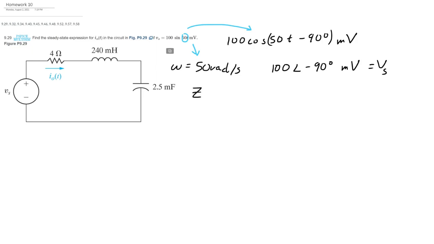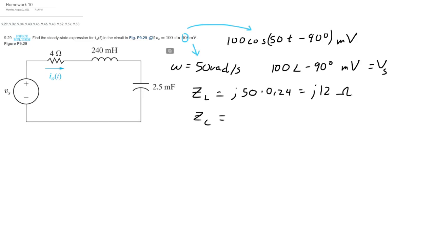We're going to find the equivalent impedance by finding the impedance of each element at the given frequency and adding them all up. So 50 radians per second times 0.24 is going to be 12j ohm.